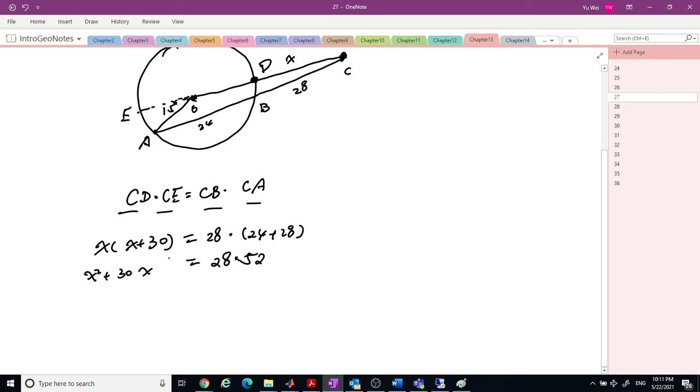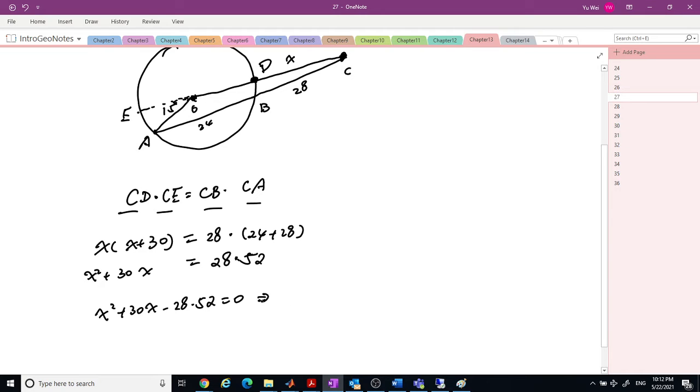Now in this case we can solve for x: x squared plus 30x minus 28 times 52 is 0.